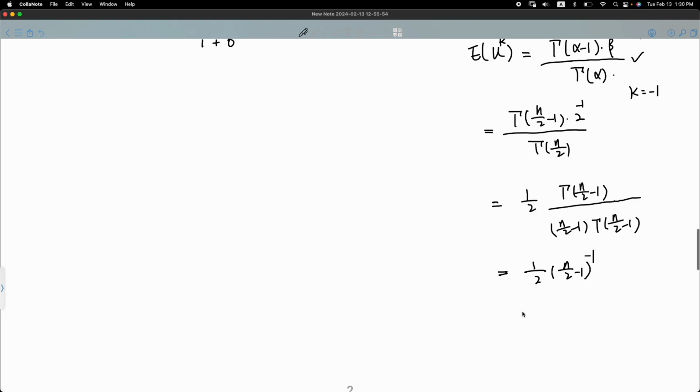Because this notation looks ugly, one way you can write it is n minus 1 over n minus 2.